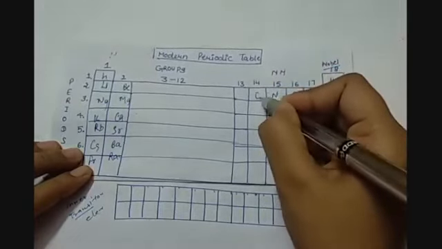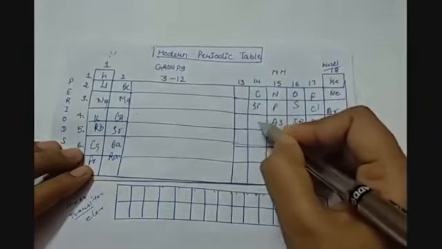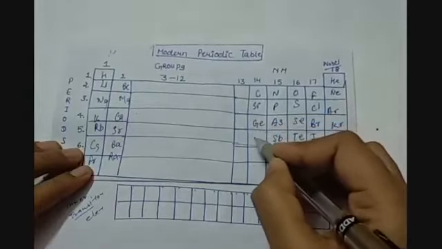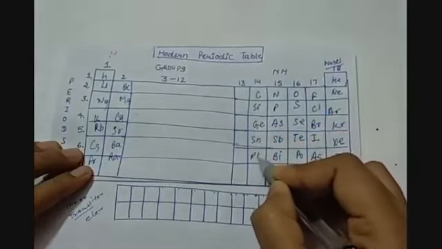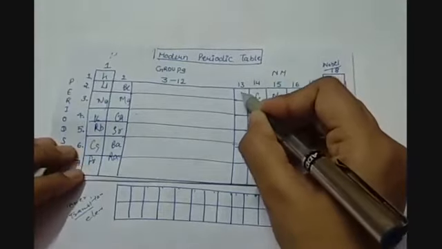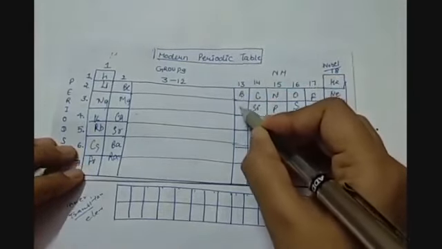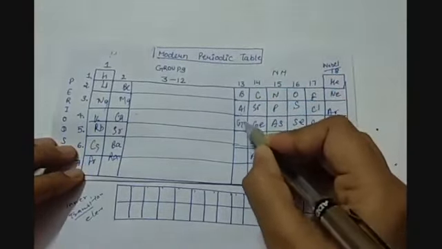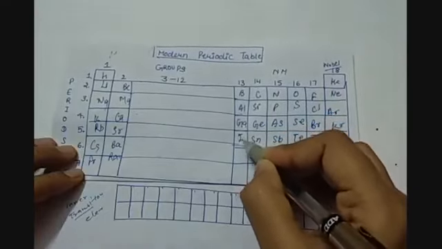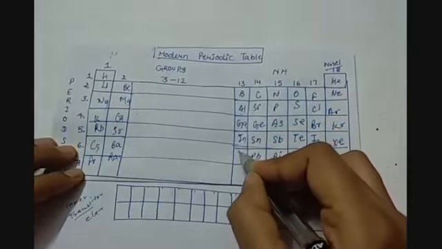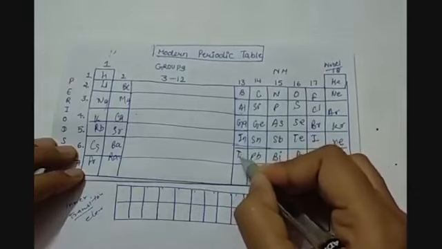Then in the carbon family we have carbon, silicon, germanium, tin and lead. In the boron family we have boron, aluminium, gallium, indium and thallium, Tl.